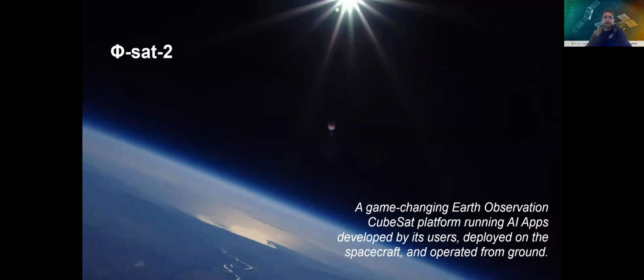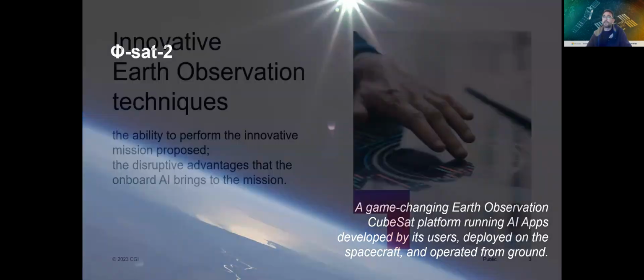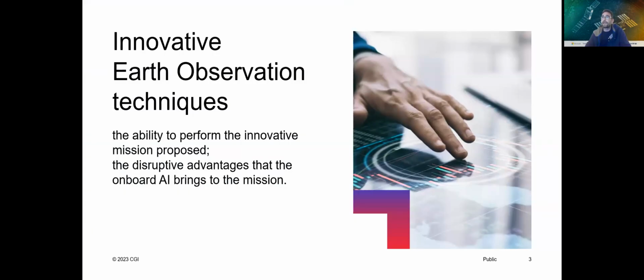And when we were designing this mission, we had two main objectives in mind: the ability to perform the innovative mission proposed, so innovation, new Earth observation techniques, and the demonstration of the disruptive advantage that onboard AI brings to the mission.